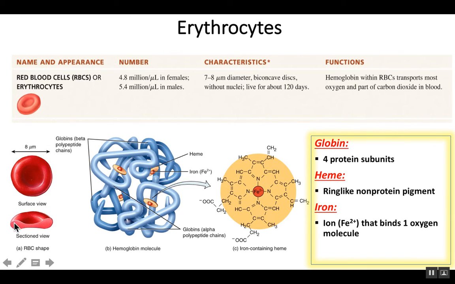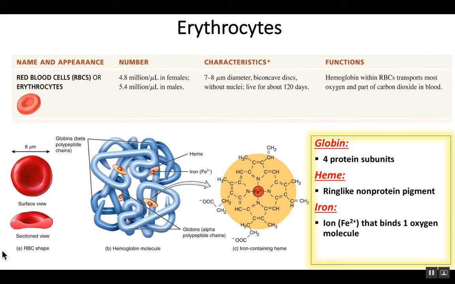So let's look at the shape of a red blood cell. This biconcave shape has to do with the fact that through its development, it loses a nucleus that was taking up space. It loses a lot of the organelles and flattens. Why is this shape so important? Two reasons. One, it's very small and flexible and can fit through very, very small capillaries in the body.